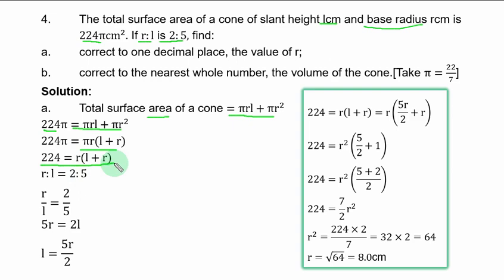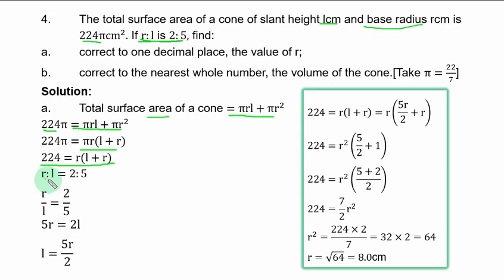Now you are asked to find the radius. That means from this expression you need to express L in terms of r, so that L can be replaced for you to find the radius.